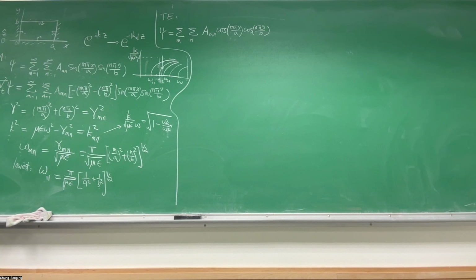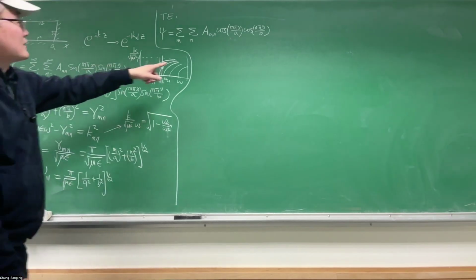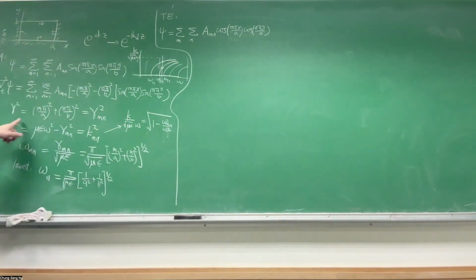If you substitute back to this one, because the gradient will be 0, to have gamma squared psi, your gamma squared will be 0, right? In that case, gamma squared will still be this one, because it's still the same kind of sinusoidal function, right? But when m and n are both 0, gamma squared is 0, right?